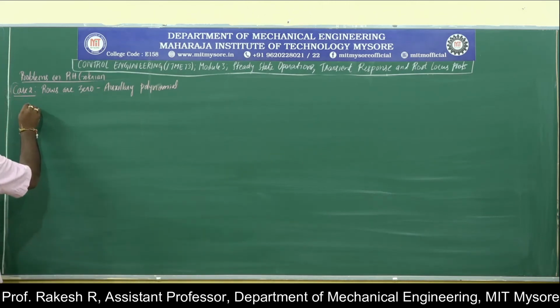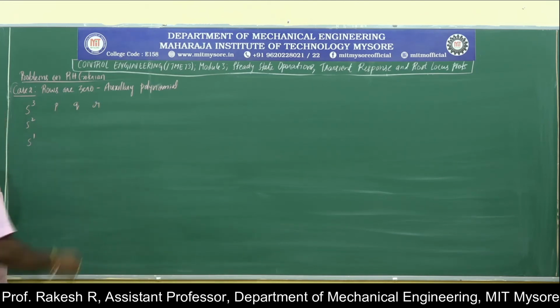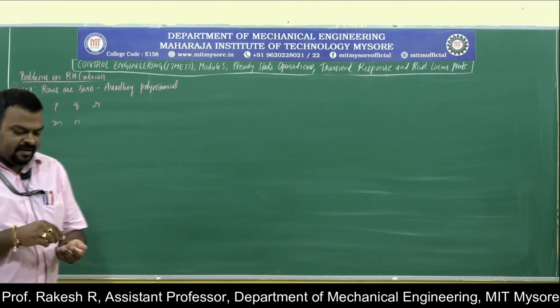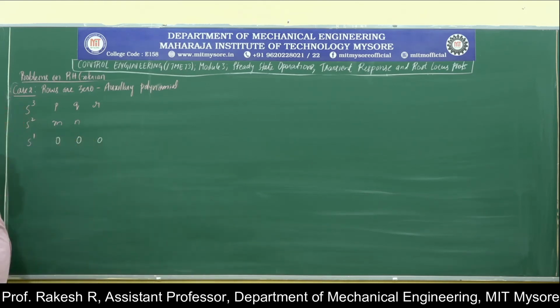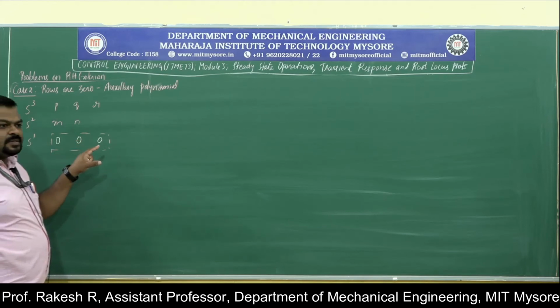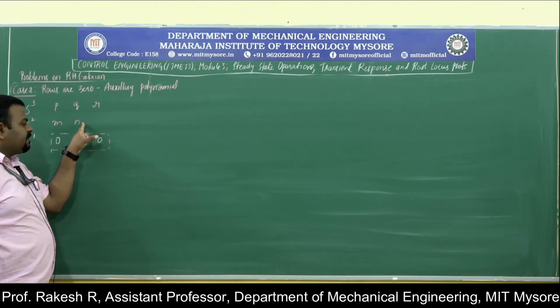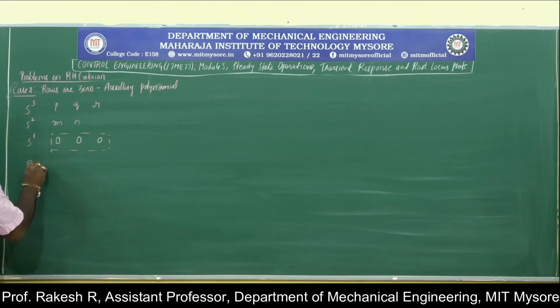Let us see, if the rows are like s cube, s square, s to the power of 1, and p, q, r, m and n are the given coefficients. If you get 0 in a row, how to solve this? For this, you have to consider the previously solved equation. The previously solved equation is m and n. So define the auxiliary equation.